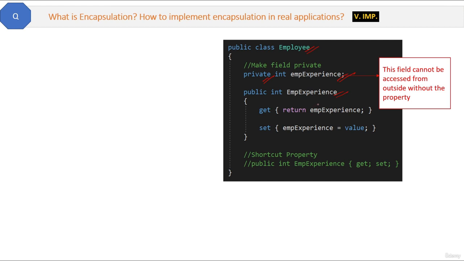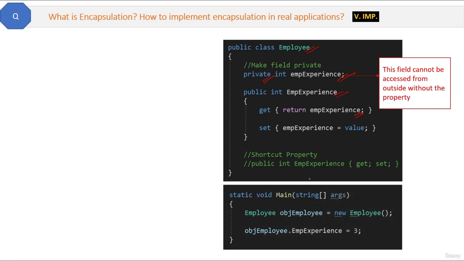Now if you want to access this data outside the class, here you can see the main method, and here we will not directly access the field, but we will access the EMP experience property. This combining of property and field is called wrapping, and this is one of the best examples of encapsulation, which everyone is using in their projects.